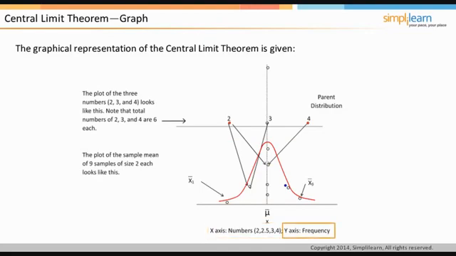On the y-axis, the frequency is plotted. The point at which arrows from number 2 and 3 converge is the mean of 2 and 3. Similarly, the point at which arrows from 2 and 4 converge is the mean of the numbers 2 and 4. Let us discuss the concluding points of the central limit theorem in the next screen.